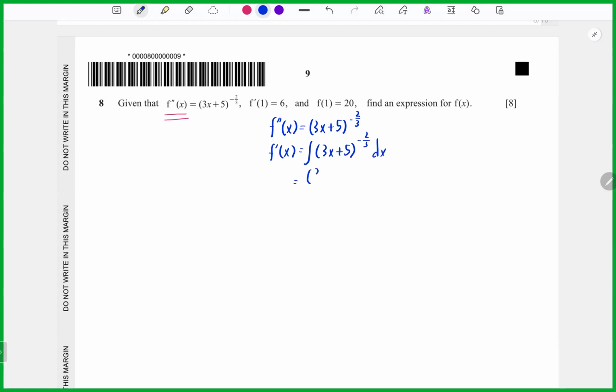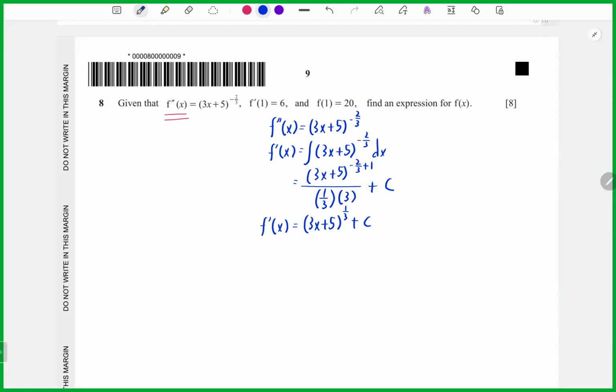So you can write (3x + 5)^(-2/3 + 1) over, sorry, I forgot, the new power. 1 minus 2 over 3, you get 1 over 3, and we need to differentiate 3x + 5, so you will get 3, plus c. Please don't forget to add the c here. So your first derivative is equal to (3x + 5)^(1/3) plus c.